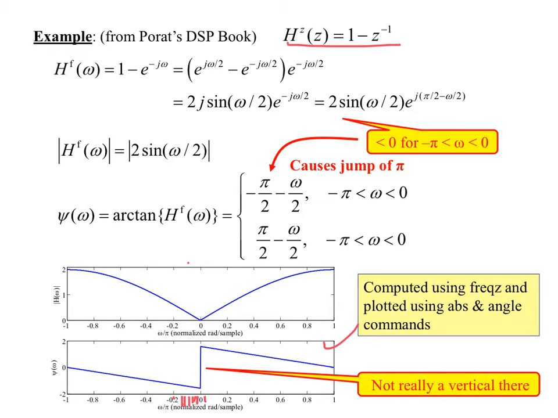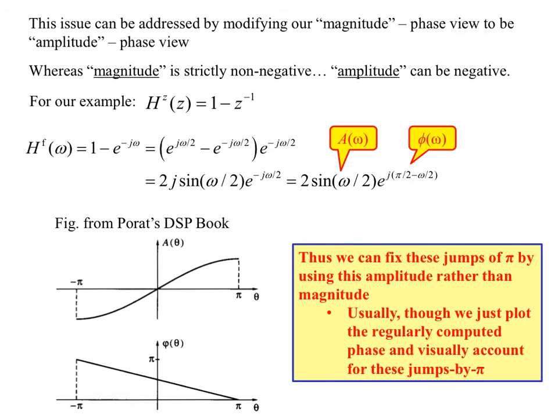And so if we use this new idea where, instead of using a magnitude out in front, we use an amplitude out in front, which will be real valued but can go positive and negative, then we can more properly see that we end up with a linear phase.